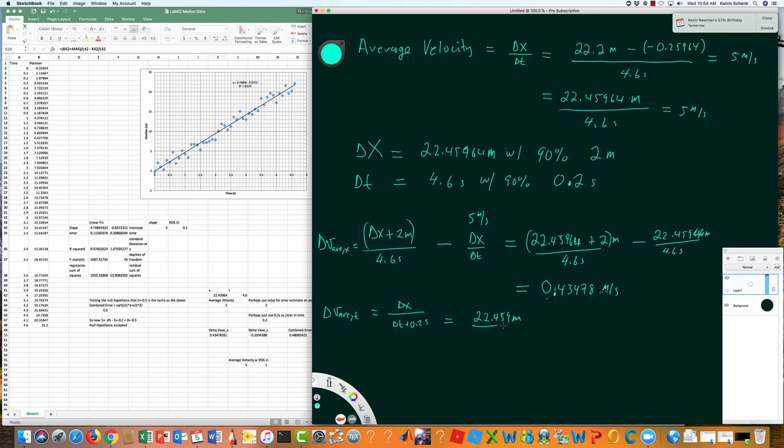I'm just going to truncate it because really I'm letting Excel do all these calculations. And then delta t is 4.6, and of course it's plus or minus, but we use a plus just to see what happens.